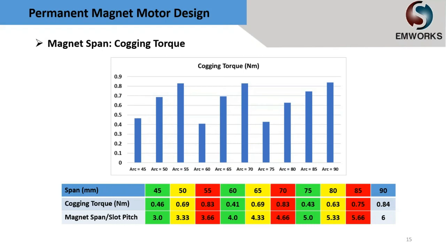We talked about how the slot pitch is 360 divided by the number of the slots. So the study reveals that the variation of the peak value depends on the ratio of the magnetic span to slot pitch. Since the machine has 24 slots, the slot pitch of the machine is 15 degrees.